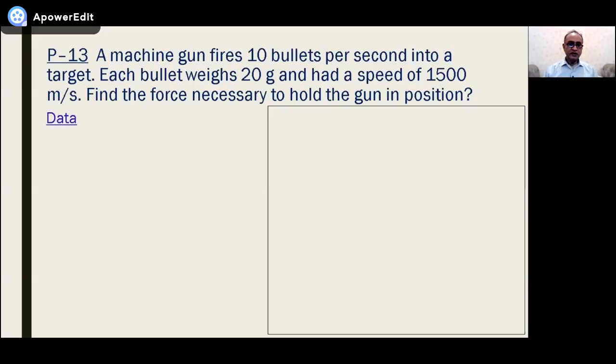What is the data over here? Rate of firing of bullets. In 1 second, the machine gun is firing 10 bullets. Mass of each bullet is 20 gram.